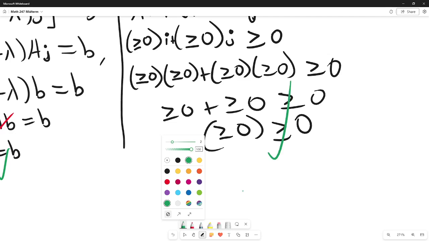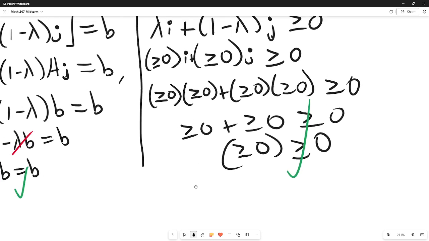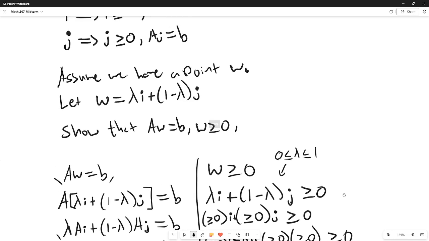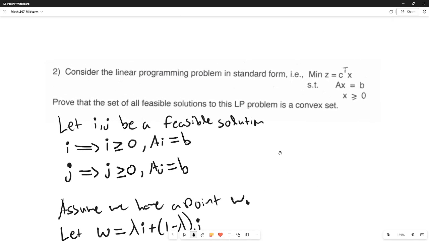So that's correct. And so with this, we have proven that since W is able to be a convex combination of two feasible solutions I and J, and that W is greater than or equal to 0, and AW is equal to B, the set of all feasible solutions to this LP problem is a convex set.